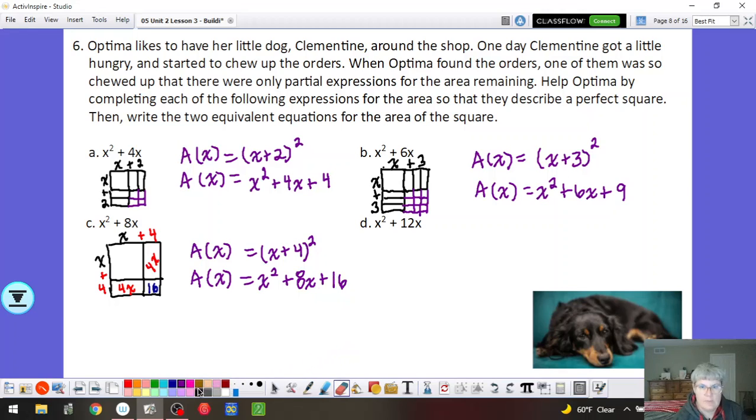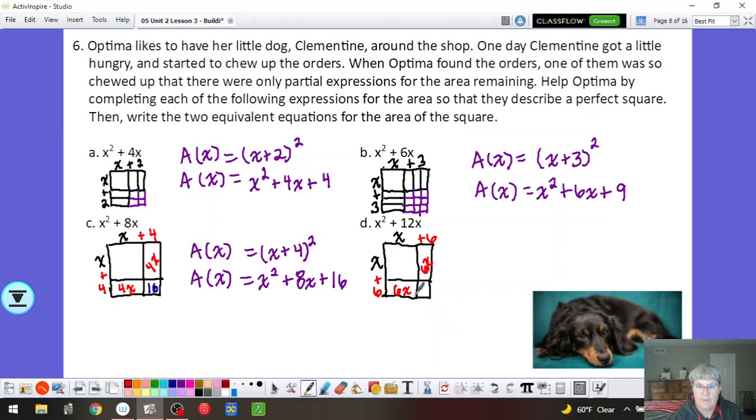So let's do the same thing with this last one. Let's draw a larger square that we then divide into 4 regions. We have our x squared, our x by x square, and we need to divide the 12x evenly. So we're going to have plus 6 plus 6, so that each of these rectangles is 6x.